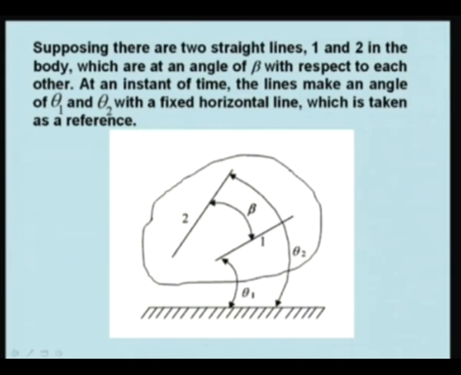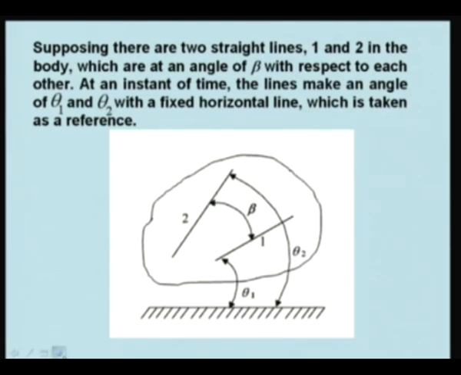This is a body, line 1 is there, line 2 is there, both are making an angle beta. Now, take a reference horizontal line. At any instant of time, the lines make an angle of theta 1 and theta 2 with a fixed horizontal line which is taken as a reference. So, this is theta 1 and this is theta 2.